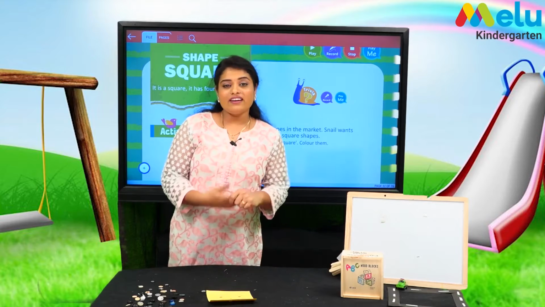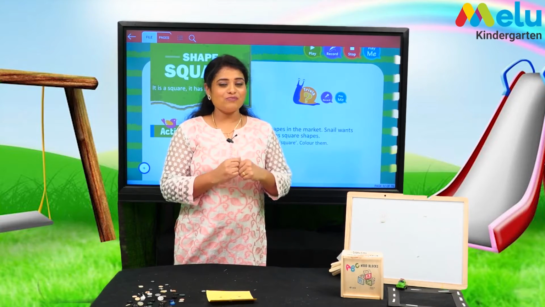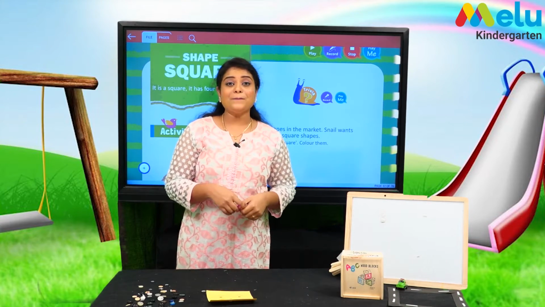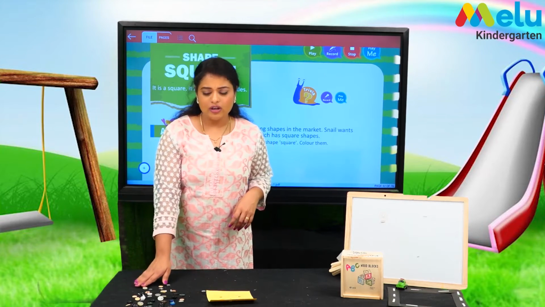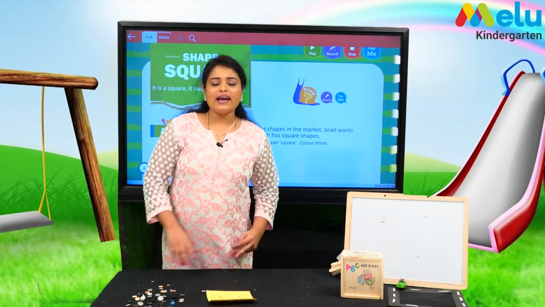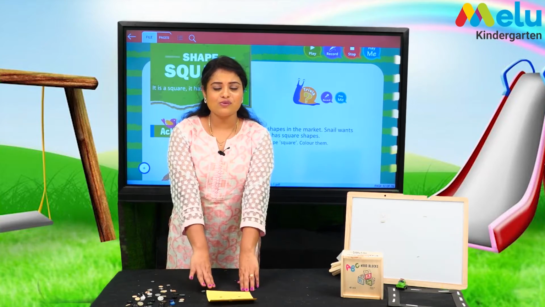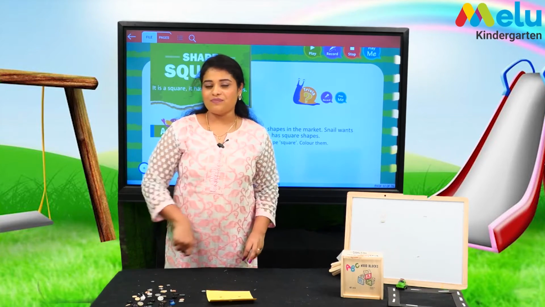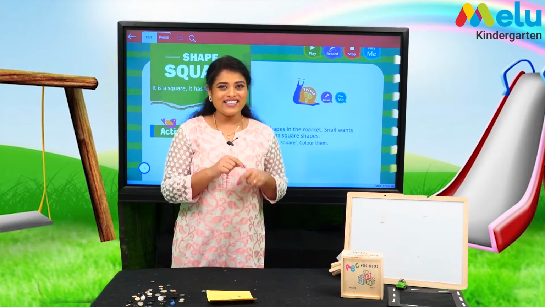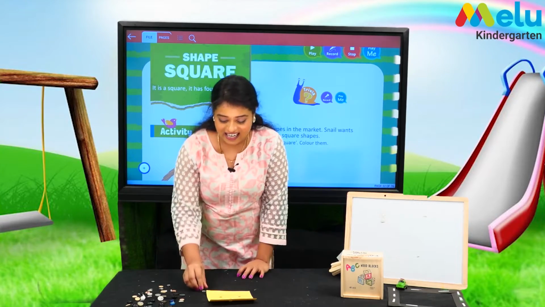So children, now let's trace the shape square using buttons. Yes, so I have brought a few buttons for you. Here are a few buttons and here I have a shape square, and now let's place buttons on the shape, tracing the square. Let's start.